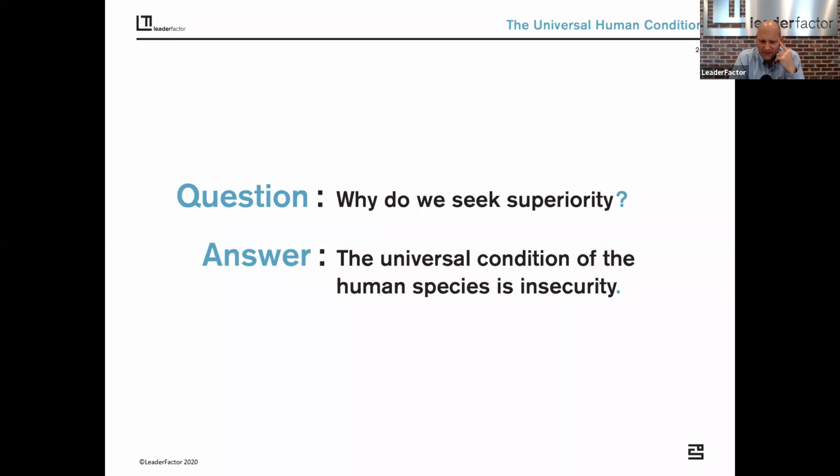Let's keep going. Why do we seek superiority? Why does the myth of superiority continue to plague us? Because of the universal condition that we are insecure. And so we see people trying to compensate for that insecurity in myriad ways. We see it all the time. And we invoke superiority. We make claims of superiority based on all of those criteria and factors that we just went over.